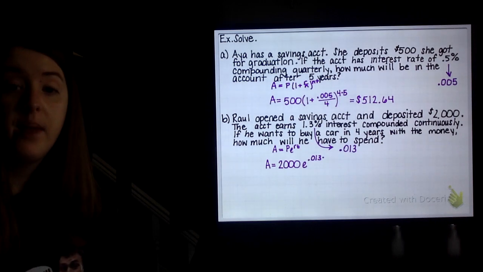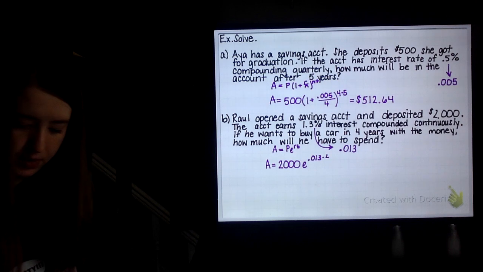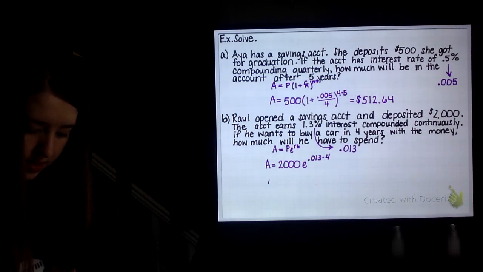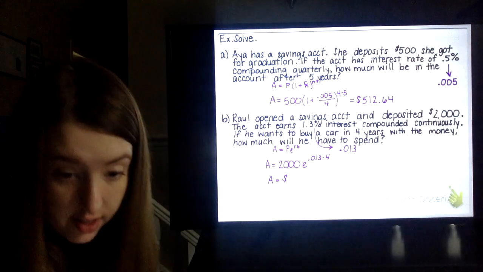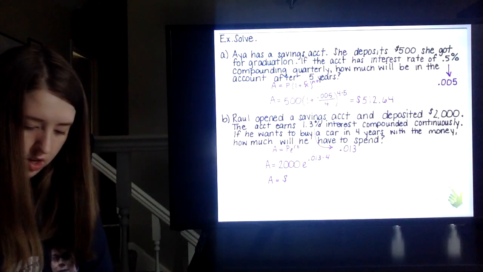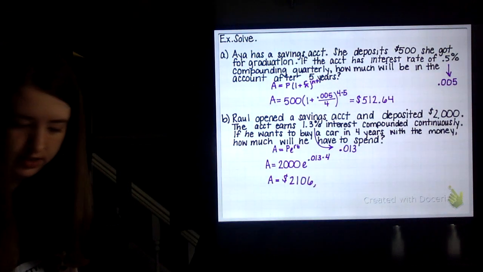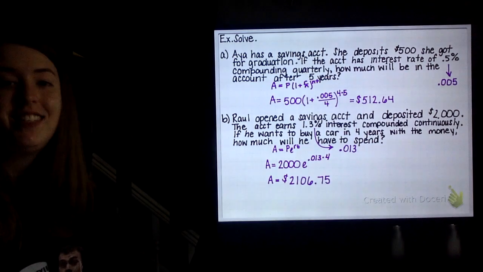Times, then we want to know how much will he have left after 4 years, so we need to multiply that by 4. So then we'd pop that into our calculator, and we would end up with $2,106.75.